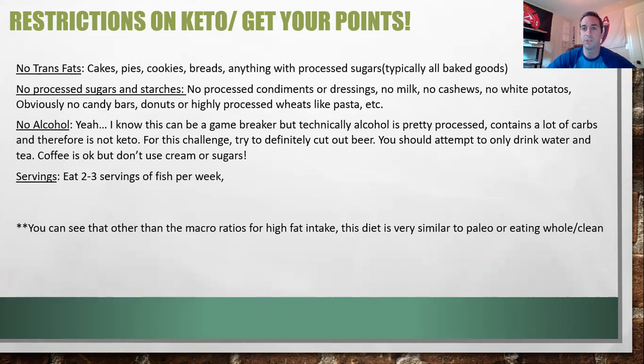Condiments are loaded with sugars. So a lot of these dressings are not going to be good for you. You're getting too much carbs in it, and it's going to kick you out of ketosis, all right? Same thing with milk, a lot of added sugars in it. Cashews, really high carbohydrate intake, same thing with white potatoes. So stay away from them. Stay away from any highly processed wheats like pastas and things like that as well.